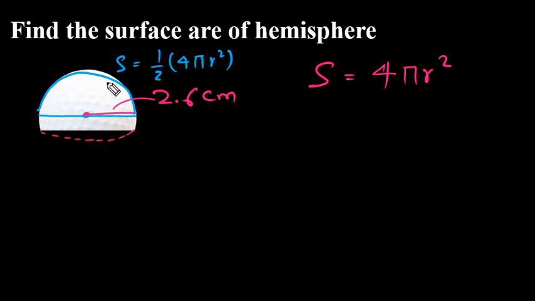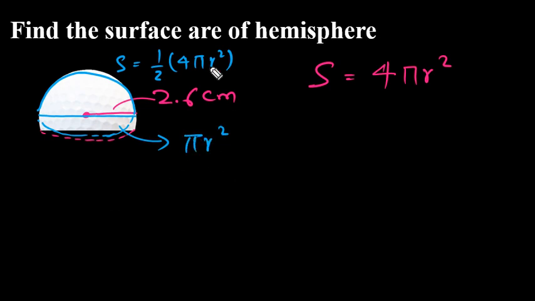And because of this intersection, this will make a circle right here, and the area of this circle will be pi r square.